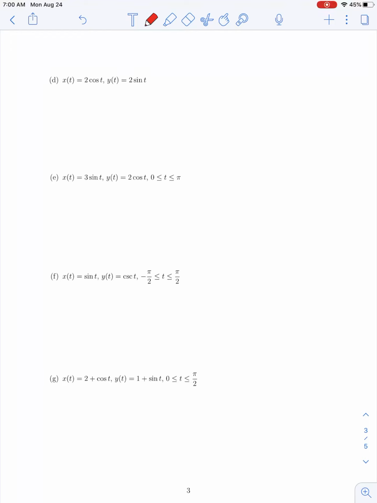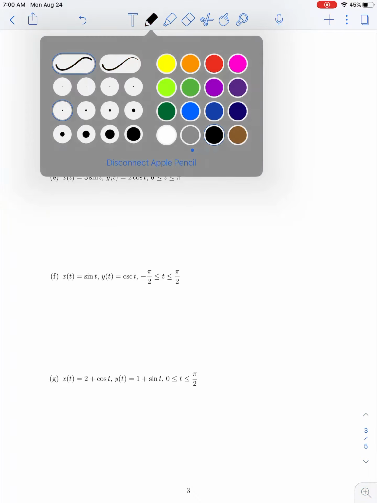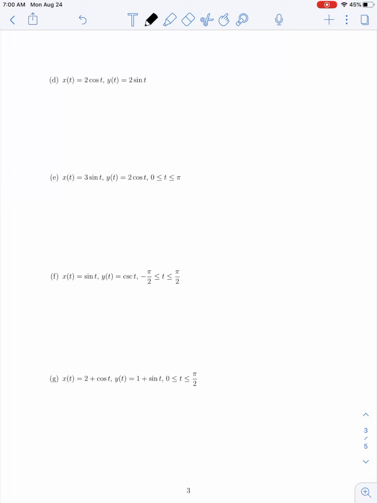So let's look at some other ones, maybe a little more complicated. So in part D, we have the equations x is equal to 2 cosine t, y is equal to 2 sine t. If we try to use the same approach of eliminating the parameter, well, one way that we could try to do this is by saying, well, x is equal to 2 cosine of t.